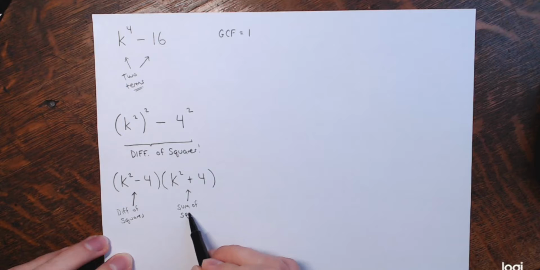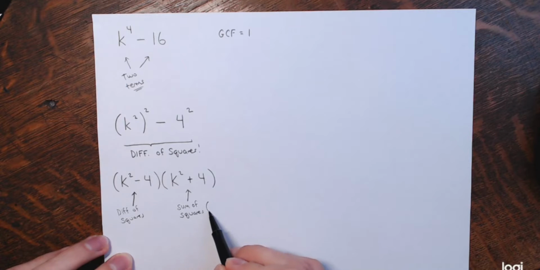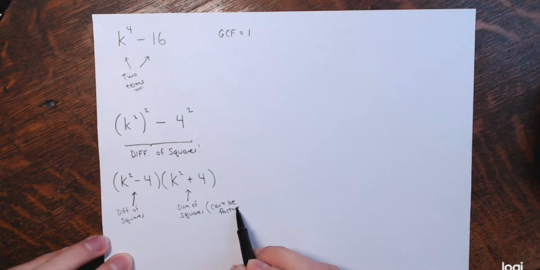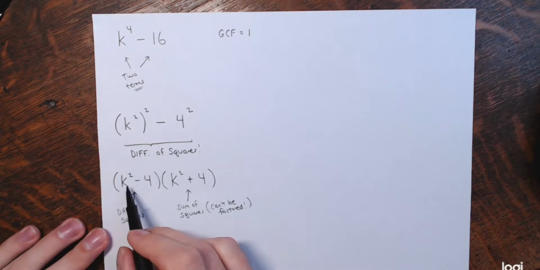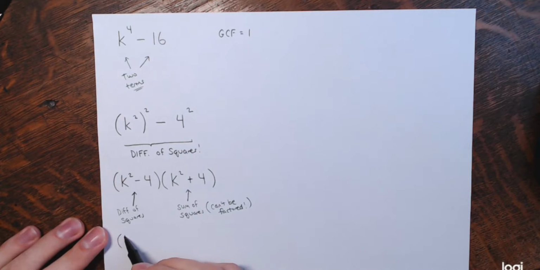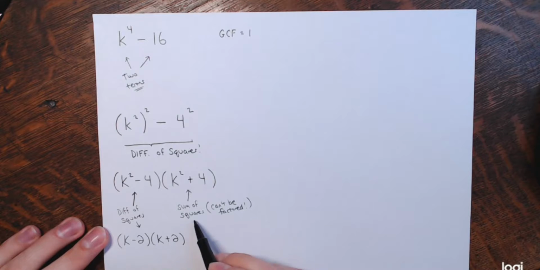And if you recall what I said earlier, sums of squares won't be factored. You can't factor those over the integers. I can't factor it so that all the coefficients are integers still. But I can factor this difference of squares to k minus 2 times k plus 2. And then the sum of squares does not factor any further, so I still have the factor of k squared plus 4.